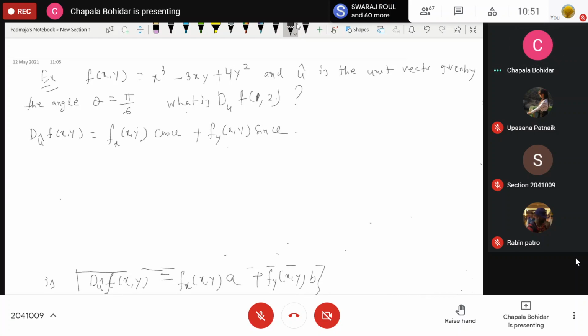After that, tell me the result. Theta is equal to pi by 6, it is given. Put here, find out this value, put the value of x, y: x is 1, y is equal to 2.